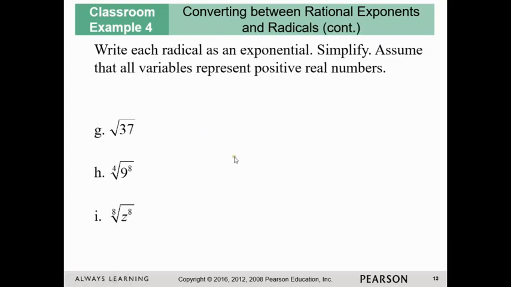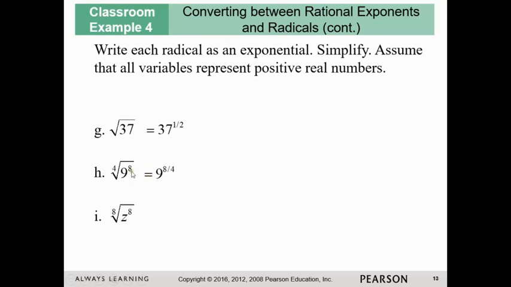So now we're going to write each radical as an exponential. So right now our index here is 2, so the square root of 37 can be represented as 37 to the half. We just moved our index to the denominator of the fractional exponent. Now H, something special is going to happen here.